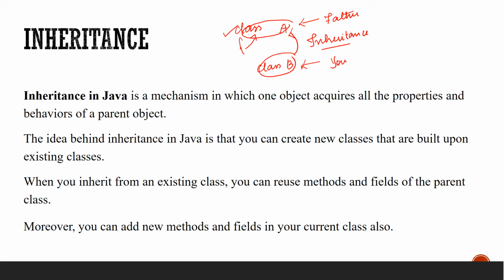When you're inheriting some of the properties of your father, some characteristics of the father will be used by you also, right? That's what this point means. Moreover, you can add new methods and fields in your current class also. So apart from the characteristics you're acquiring from your father, you will also have some unique characteristics.